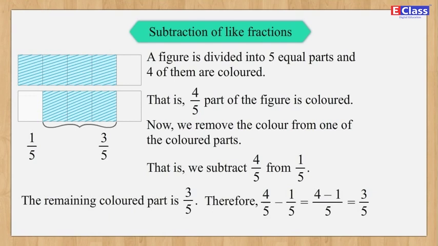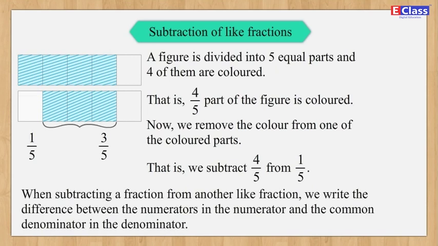Therefore, 4/5 minus 1/5 is equal to 4 minus 1/5, which is equal to 3/5. When subtracting a fraction from another like fraction, we write the difference between the numerators in the numerator and the common denominator in the denominator.